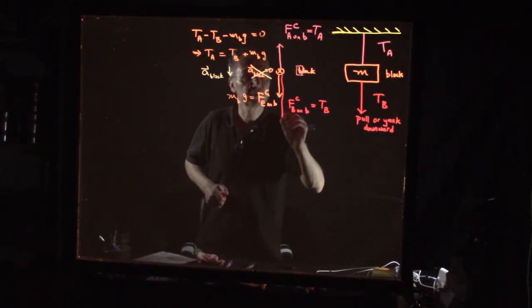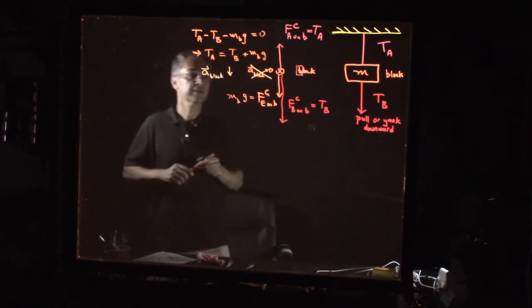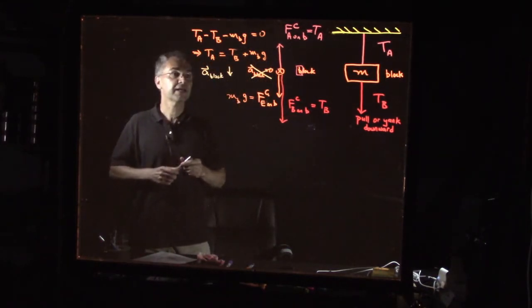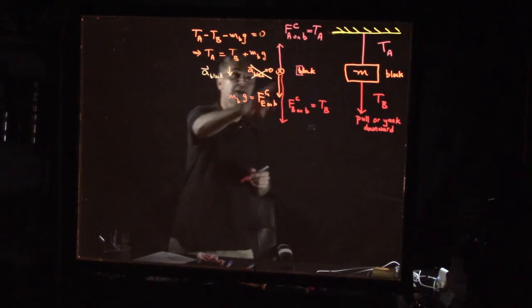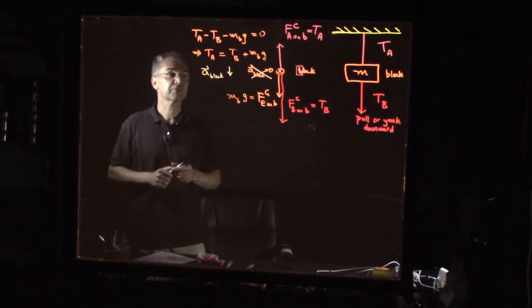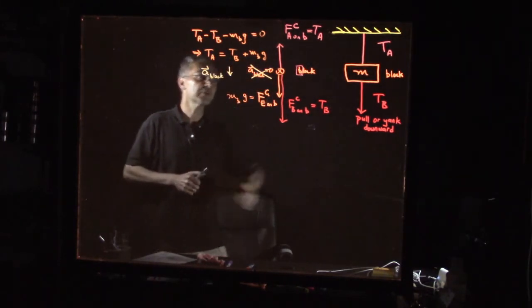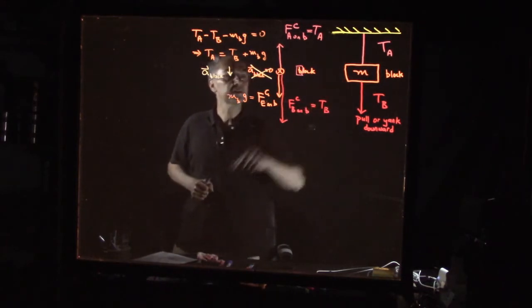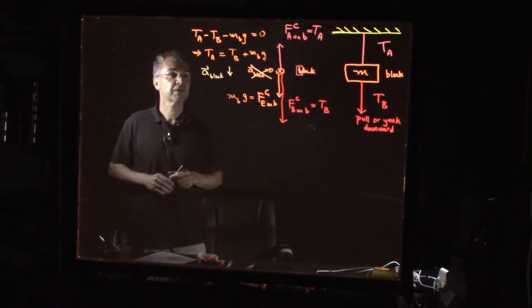I'll pull like that, let's say. And you say, how can I do that without breaking the top string? Well, I'm pulling so quickly that this block starts to accelerate.